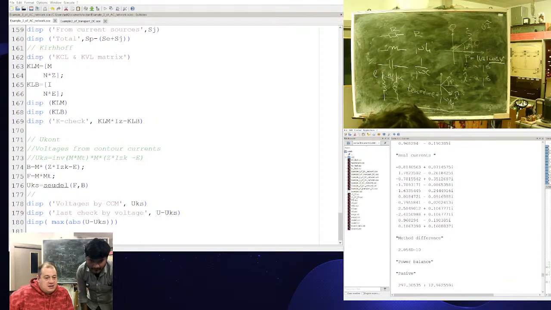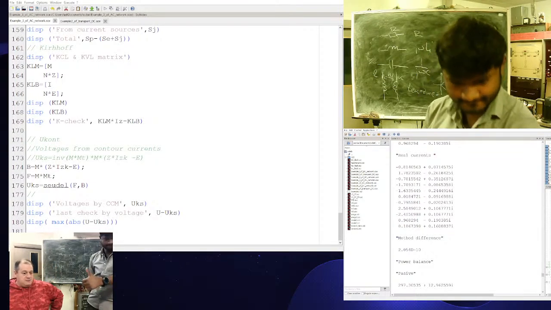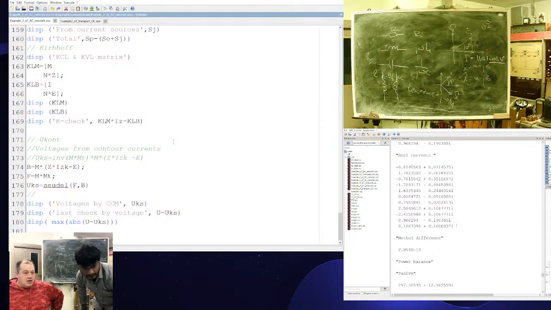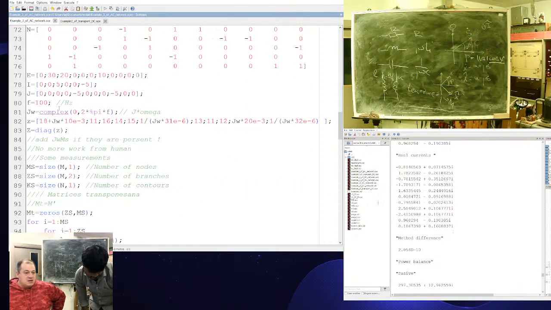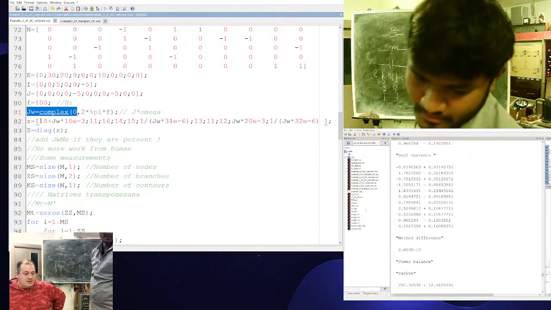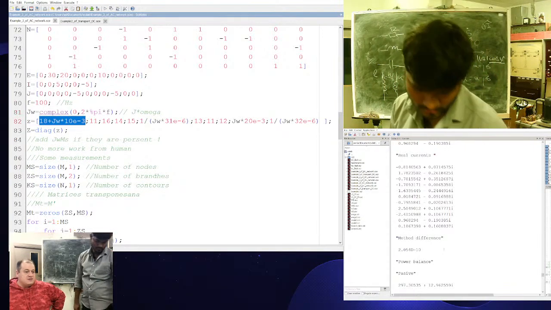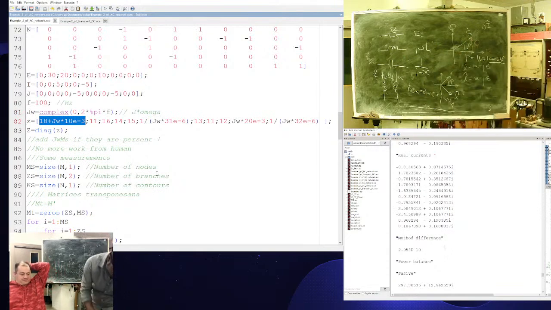So I'm writing 18 ohms plus j omega multiplied by 10 millihenries. I have defined omega. Okay, multiplied, right? Here is the first branch resistance. Okay. Easy.